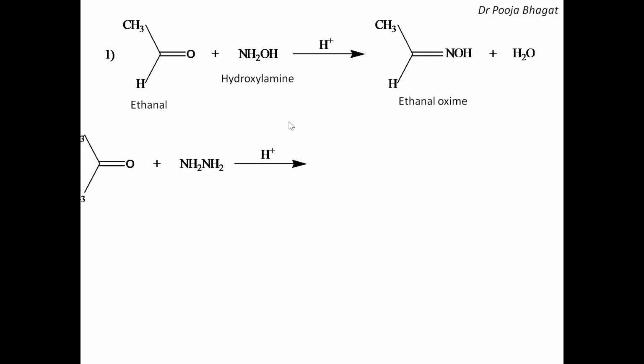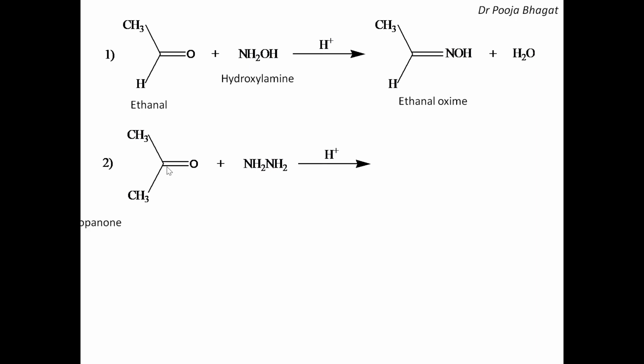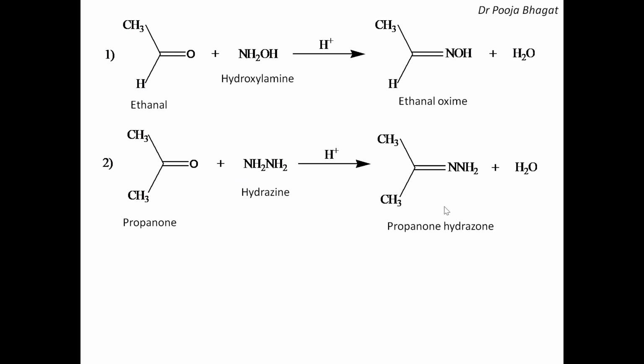Okay, now the second. What is the IUPAC nomenclature for this compound? Propanone. What is this compound? Hydrazine. What will be the product? Oxygen from here, two hydrogens from here, C double bond N. This. What is the name of this? Propanone hydrazone. As I told you, hydrazine gives hydrazone.